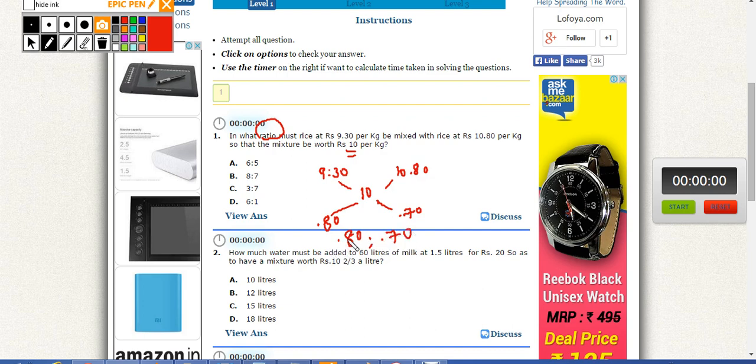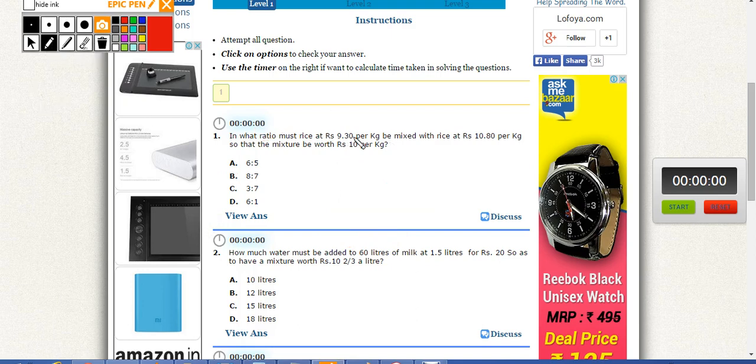We can multiply both sides by 10 and get 8:7 as the answer ratio. So this is our answer. The answer to this question would be 8:7. So let me throw some more light on this.